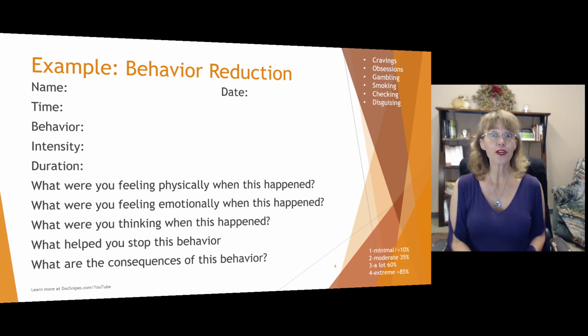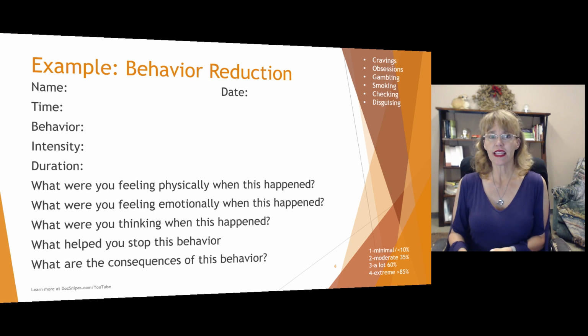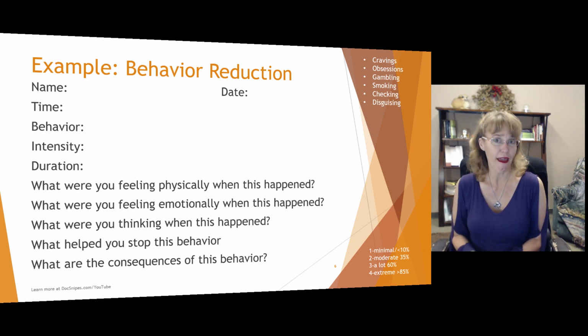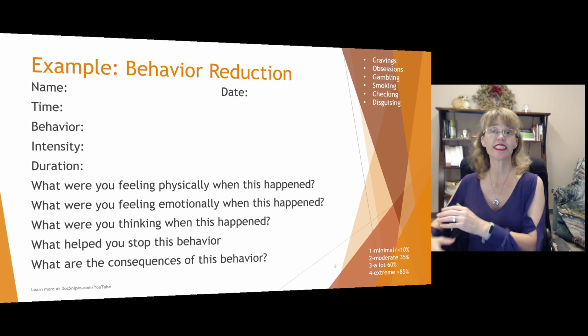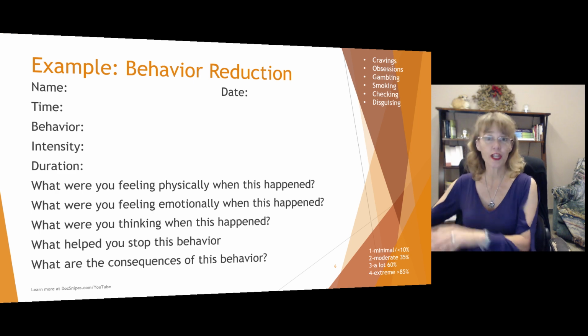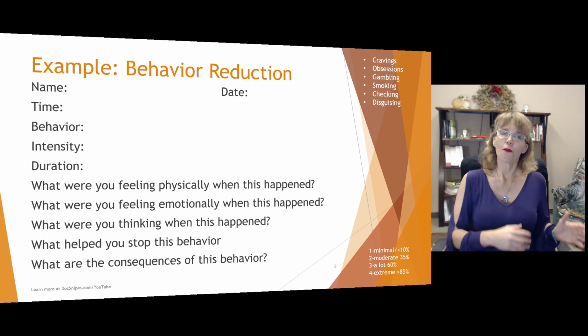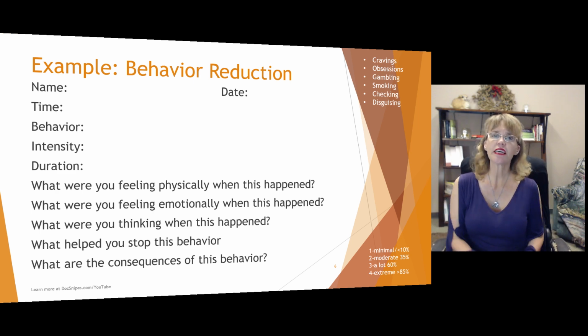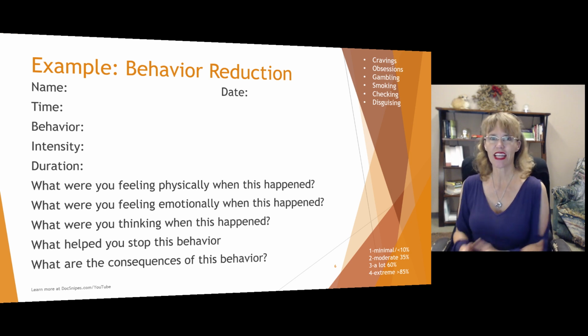Maybe the frequency gets less, but the intensity and the duration stay at first. All right, well, that's fine. So then let's start working on reducing the intensity. And then let's start working on reducing the duration. But seeing this, you can see incremental changes, and that is really important.